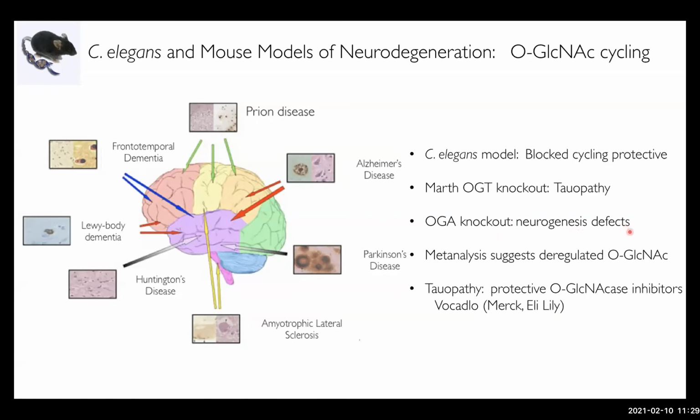There are these neurogenesis defects I've talked about, a meta-analysis suggesting that O-GlcNAc is a key deregulated metabolite in the brain. And finally, in tauopathy, there have been some protective effects observed with O-GlcNAc inhibitors. And this is work done by Merck and Eli Lilly and spearheaded by David Vocadlo.